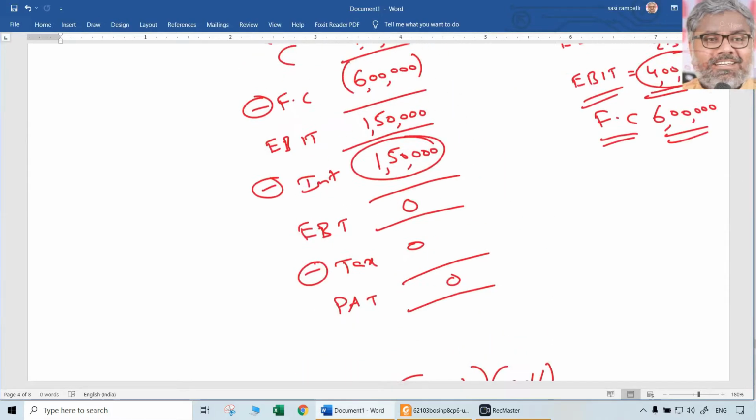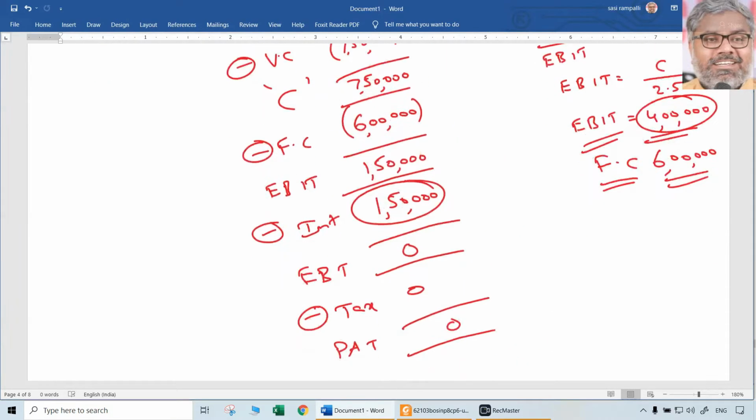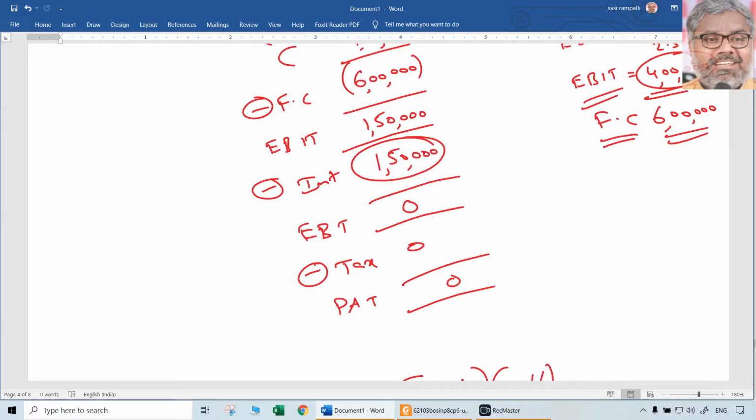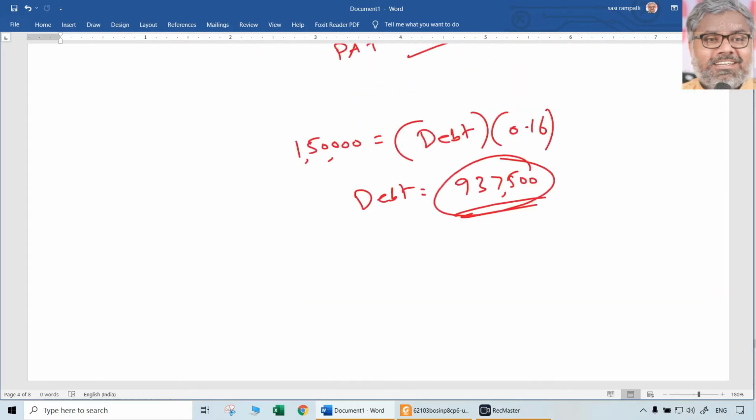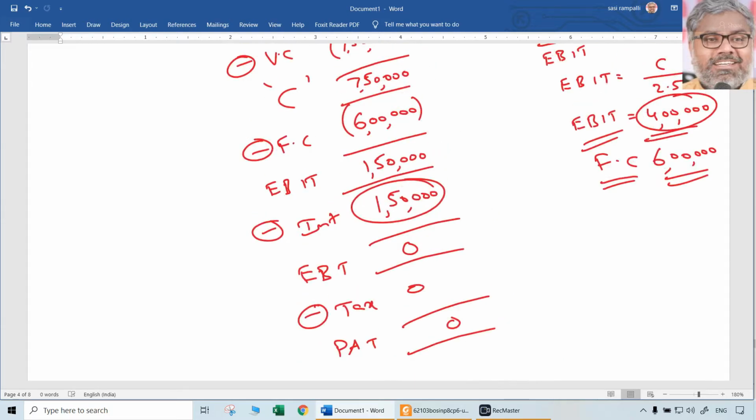Now EPS is also asked. EPS is asked at the current level, so that can be computed. How? Same way. Currently we know contribution is 10 lakhs. Fixed cost will remain the same, 6 lakhs. So 4 lakhs is currently EBIT, we know this already. From that, interest is going to be the same, right?